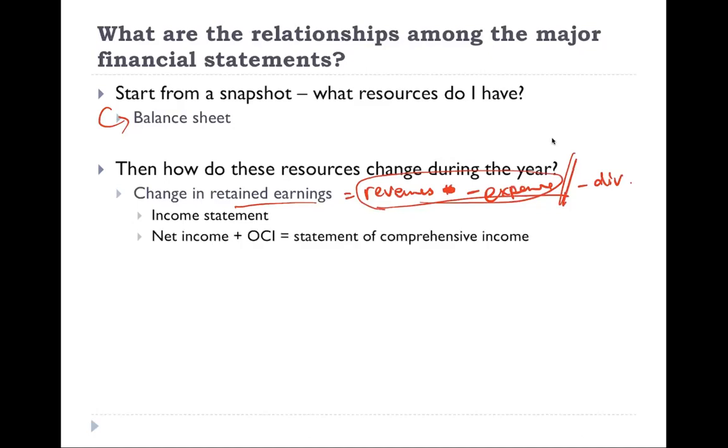And net income plus other comprehensive income is the statement of comprehensive income.